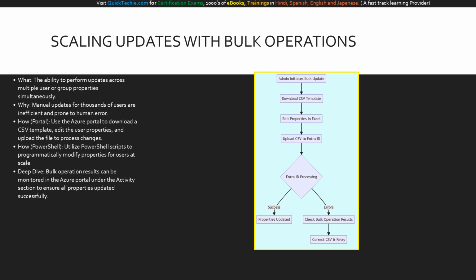Next, they upload the CSV back into Entra ID. The system enters a processing phase. If everything is formatted correctly, it flows to success, and the properties are updated. If there are formatting issues or missing mandatory fields, it flows to errors. The admin must then check the bulk operation results blade, identify the failures, correct the CSV, and retry the upload.